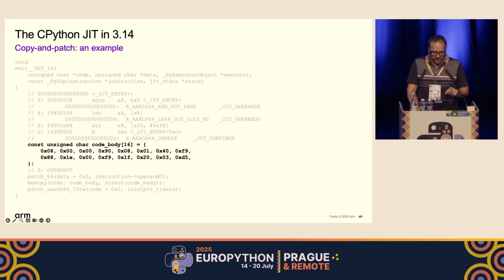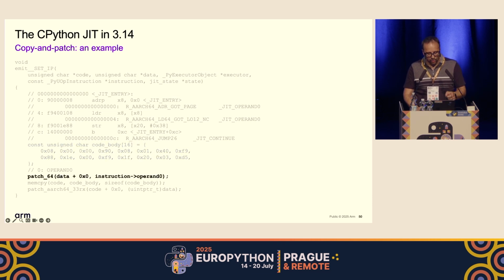When the JIT needs to emit set IP, it simply copies this array into executable memory and patches in the right operand values. So rather than generating new code every time, CPython uses this reusable stencil to keep the JIT simple, fast, and portable. This specific function does three things.